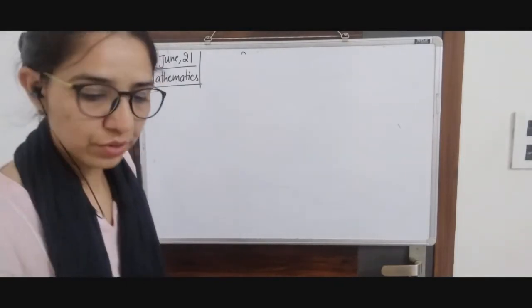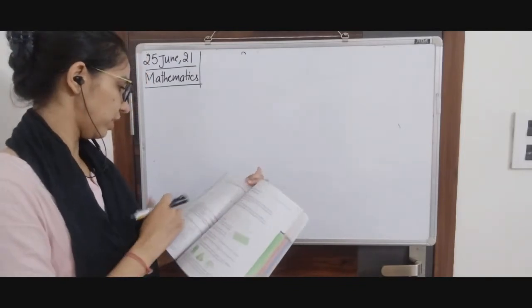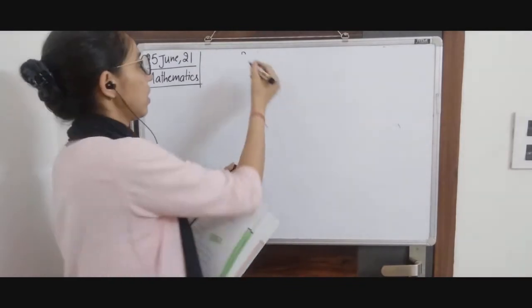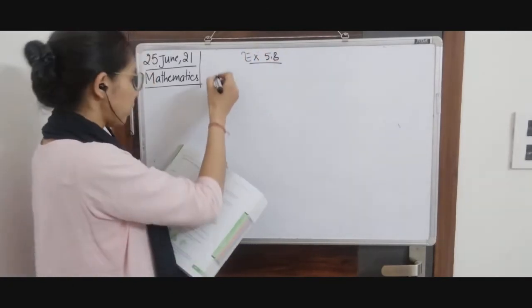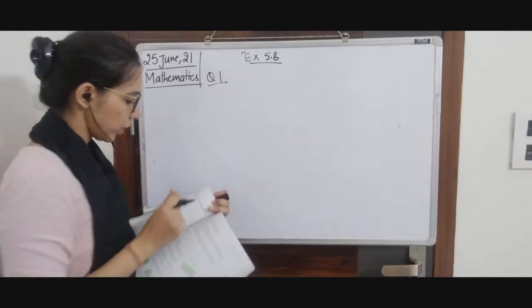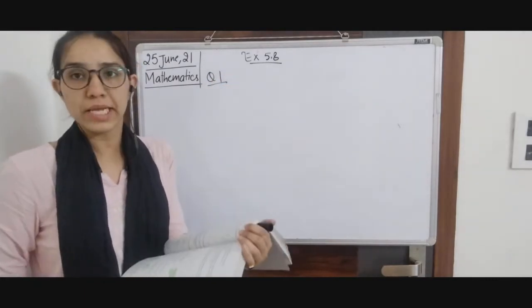Exercise 5.8, sorry. Question number 1 is, examine whether the following are polygons or not. If any one among them is not, say why.